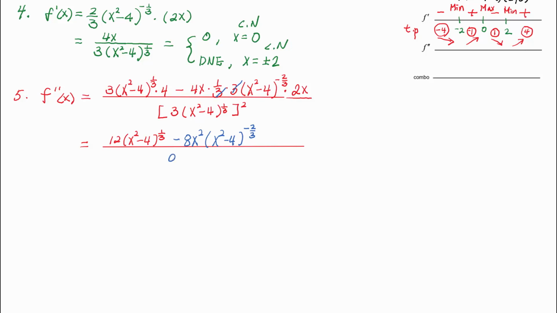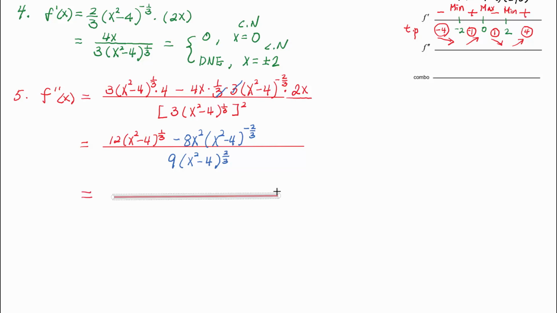And 3 squared is 9 times, if you raise quantity x squared minus 4 to the 1/3 power to the second power, you get quantity x squared minus 4 to the 2/3 power.